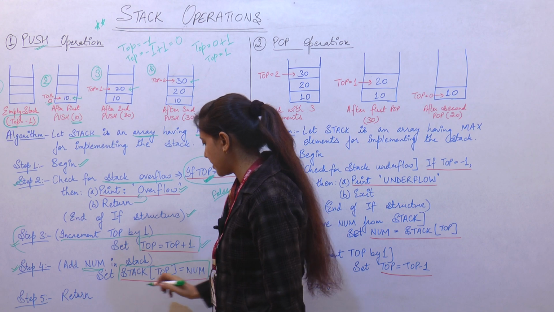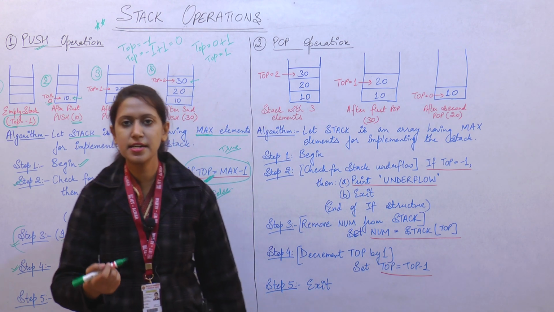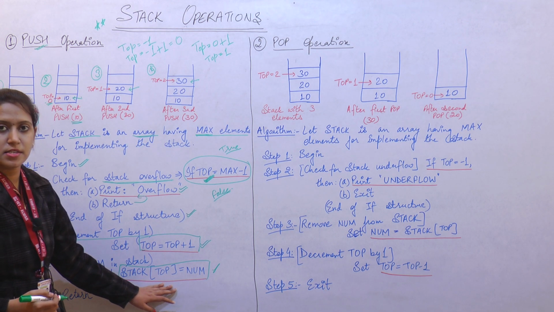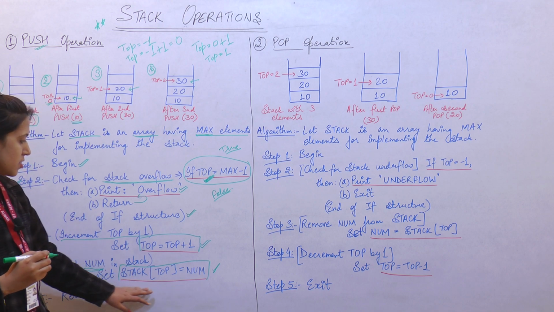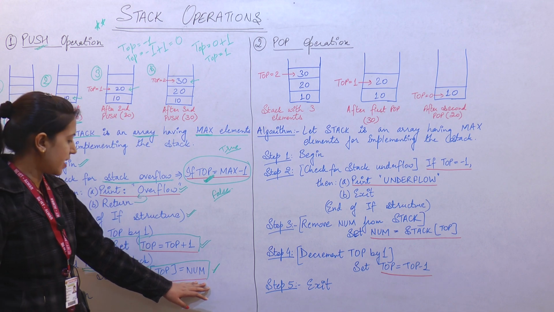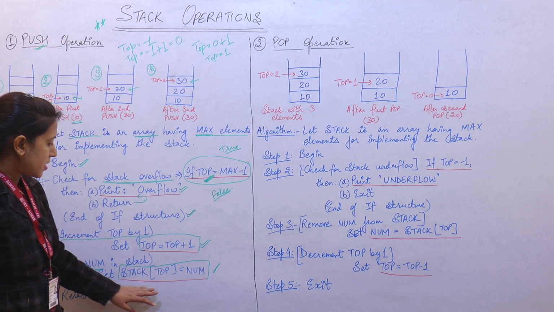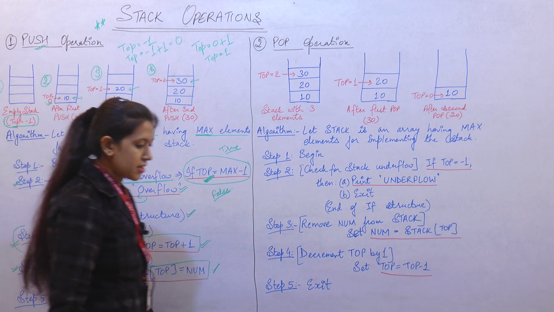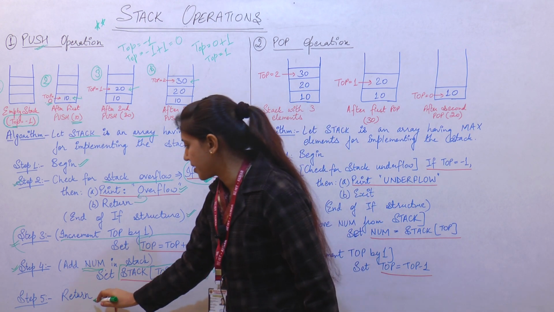Now this statement means the new element that we want to insert in our stack will get stored at the top position of the stack. So the new number or the new data element that we are inserting will get stored at the top of the stack, and after inserting the new element at the top of the stack, our program will return.